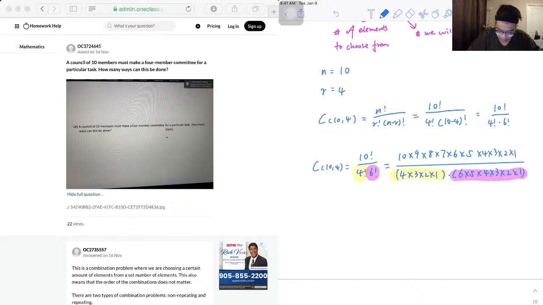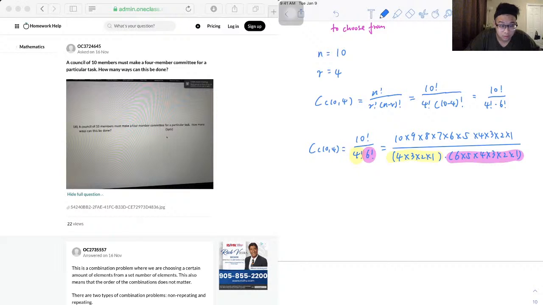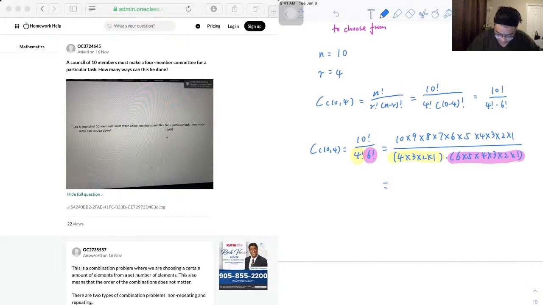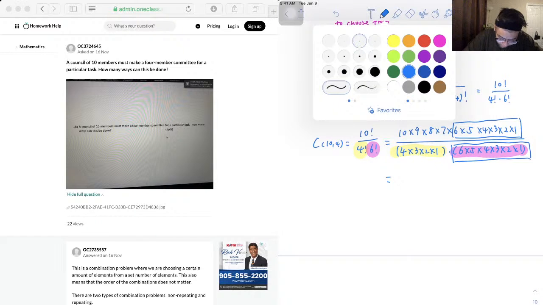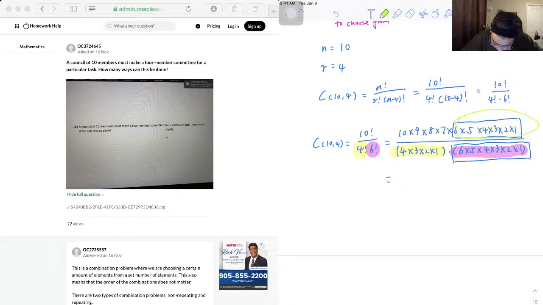Now let's simplify it, because on top we have 6 times 5 times 4 times 3 times 2 times 1, and on the bottom we have the same thing, so these two parts are exactly the same and can be cancelled out.